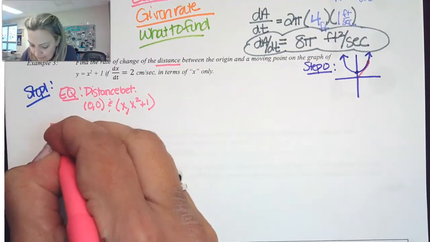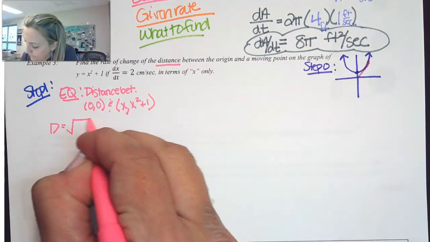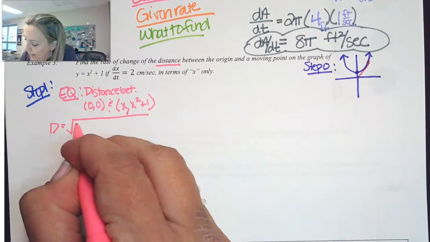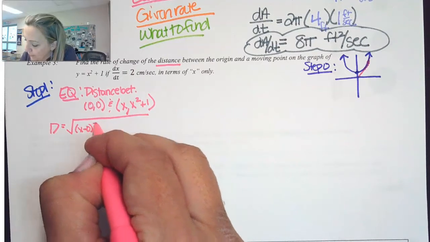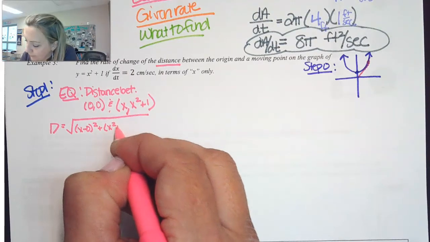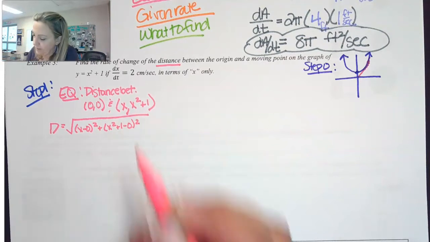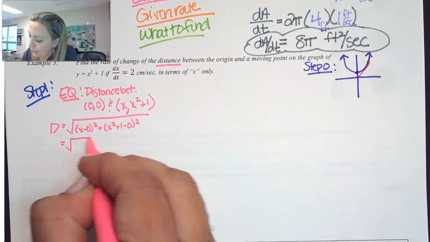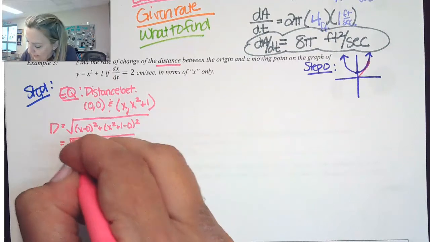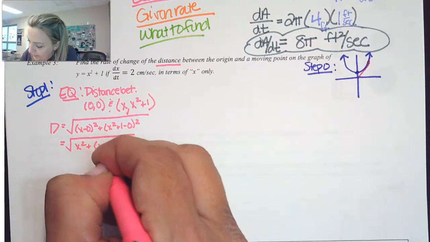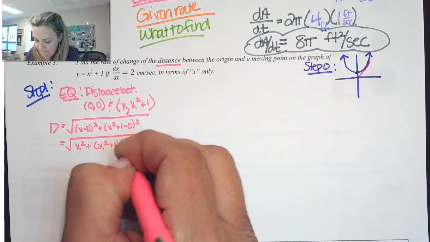So let's use our distance formula. We could have x minus 0 squared plus x squared plus 1 minus 0 squared. Again, I know I'm being dramatic. So that's like x squared plus 1 squared.